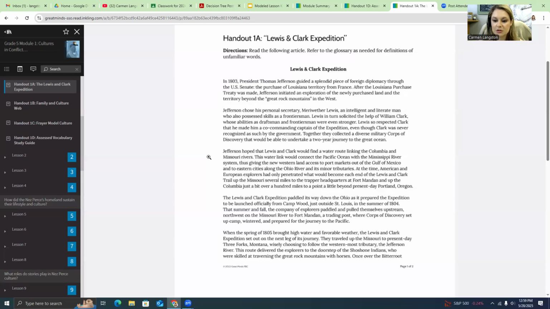They traveled up the Missouri to present-day Three Forks, Montana, wisely choosing to follow the westernmost tributary, the Jefferson River. This route delivered the explorers to the doorstep of the Shoshone Indians, who were skilled at traversing the Great Rocky Mountains with horses.